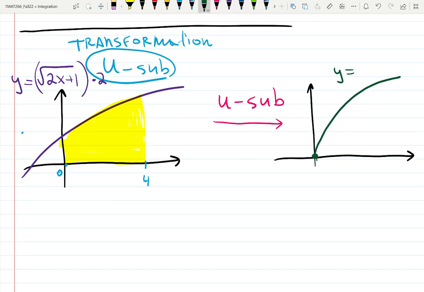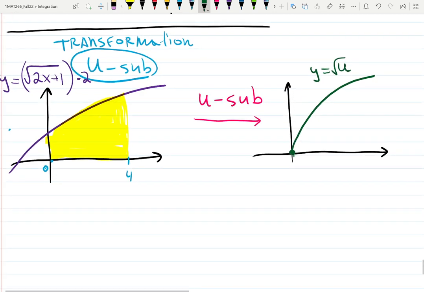This is y equals square root of u. So also pay attention, your input now is u, and output is y that depends on u. It used to be x, and y that depends on x. So now units are different, that's what I'm saying. You cannot plug 0 and 4 into u because u is not measured in 0 and 4 as x variables. And now we're looking from 1 to 9, this area.